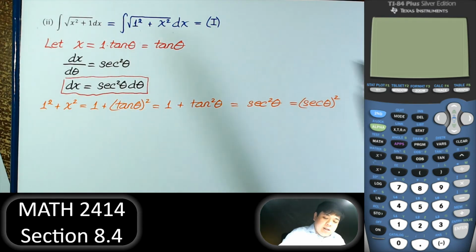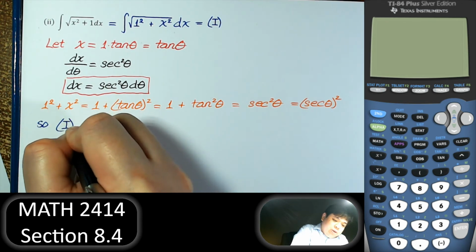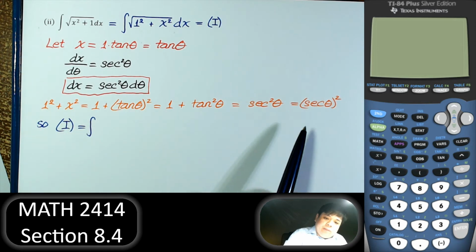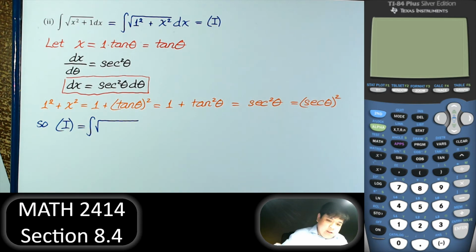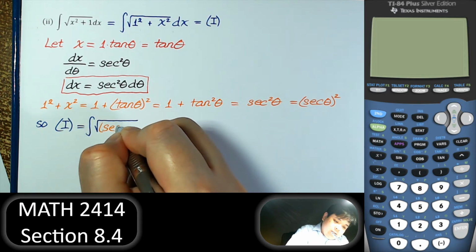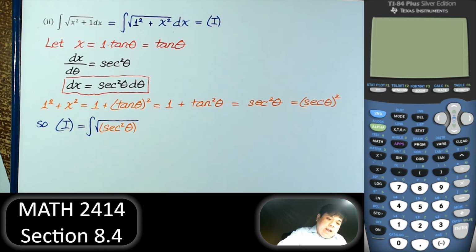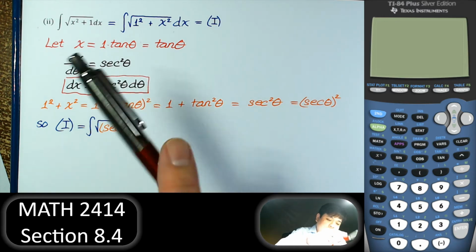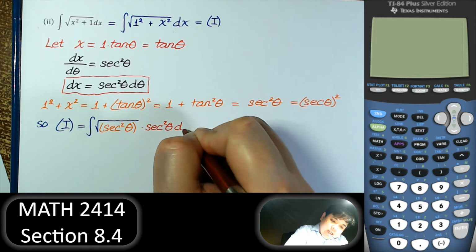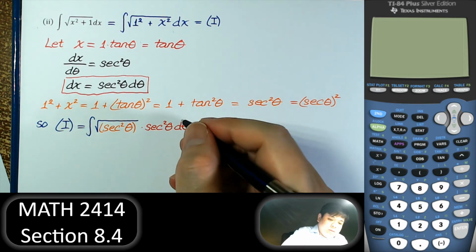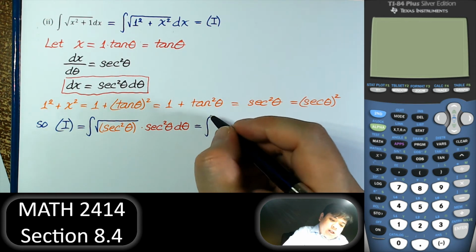Right. Substitute that back in here. So the integral equal to square root of secant squared, and then dx is secant squared d theta. Square root of secant squared is secant.